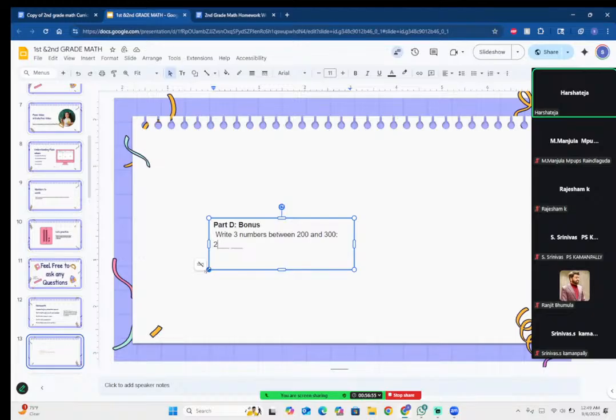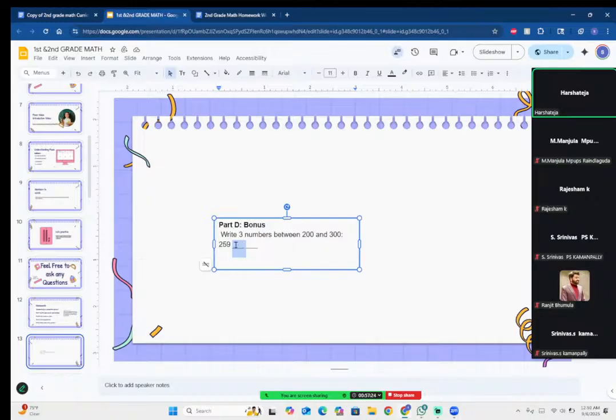Next, we can take any number between 1 to 9. So we'll take 5, and here we can take any number we want. So 9. 259 is a number between 200 and 300.